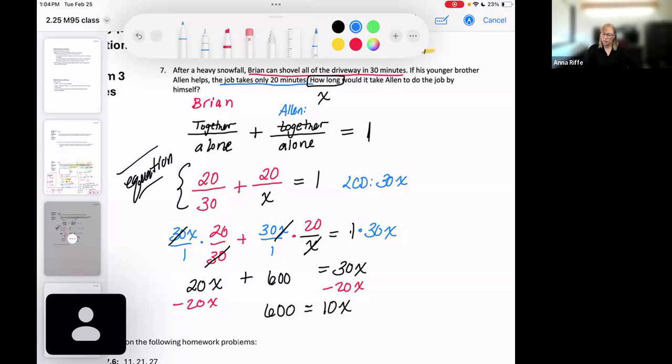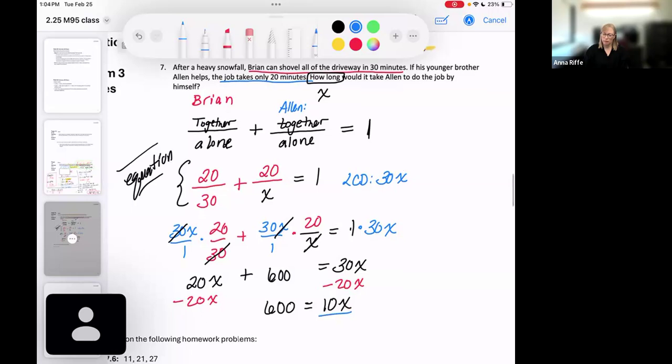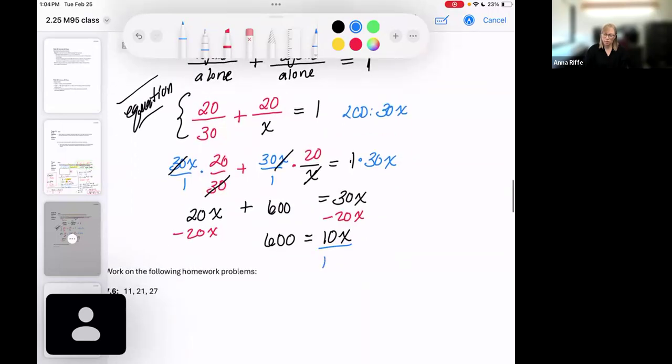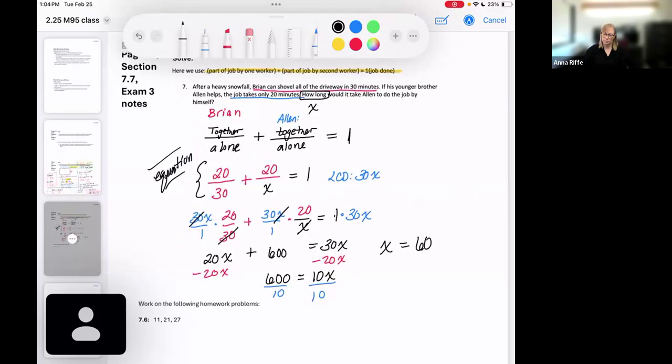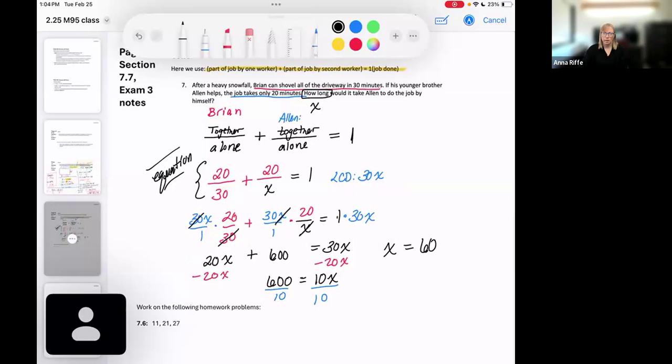And now to finish up, to isolate x, I can divide both sides by 10, giving me that x is equal to 600 divided by 10, which is 60. And we have said that x is a measure of time, so this must be in minutes.